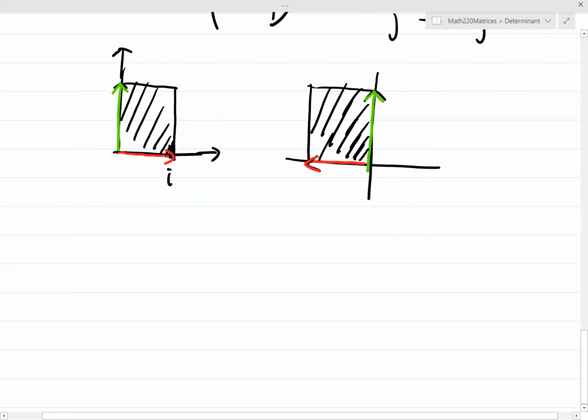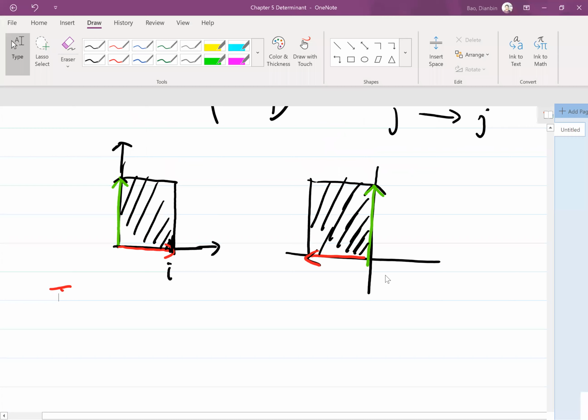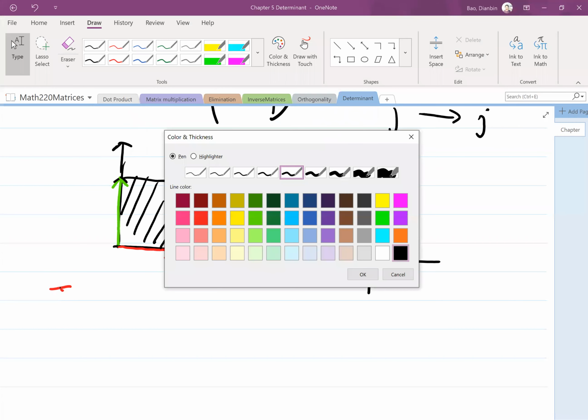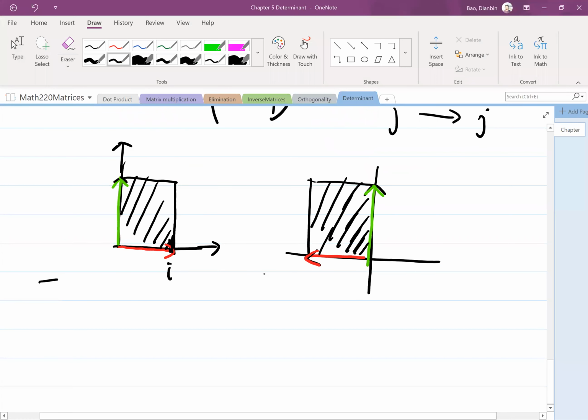So if the determinant of A is 0, this means the column vectors do not span Rn.